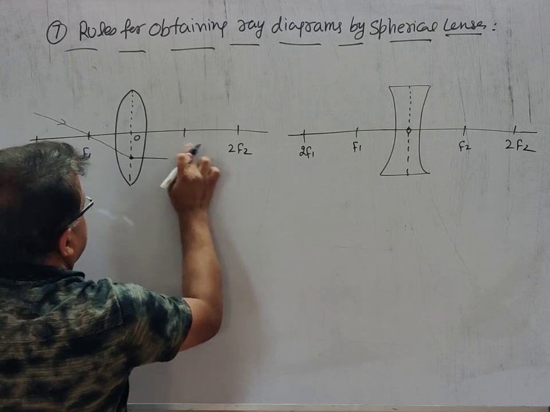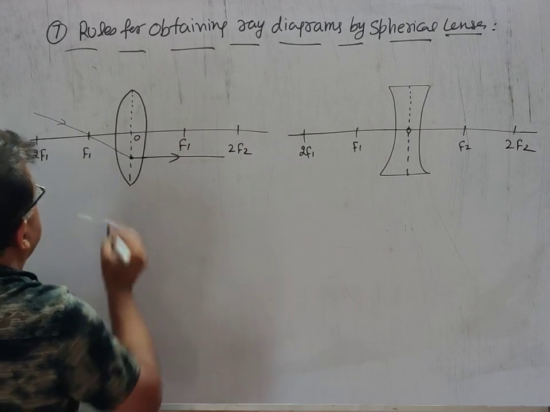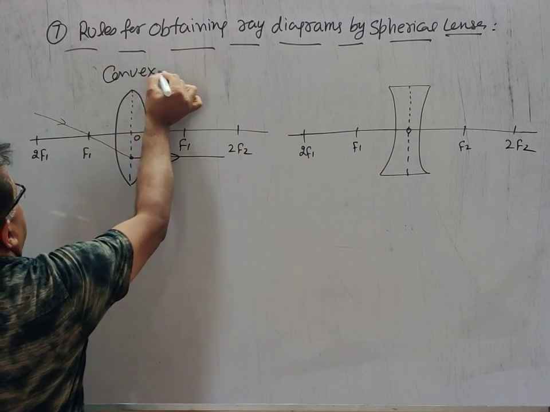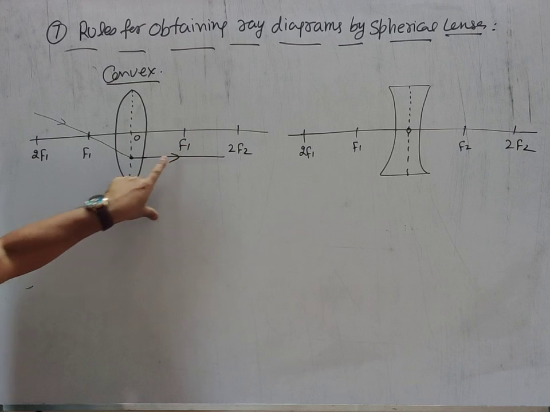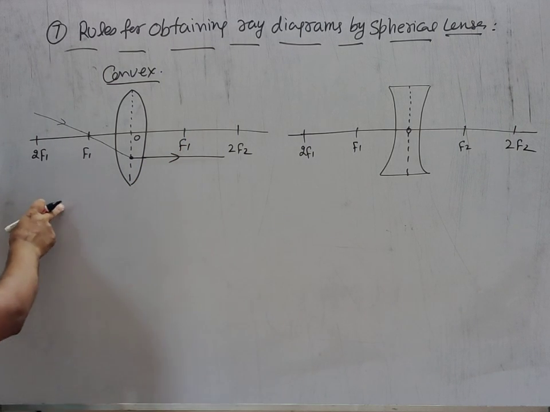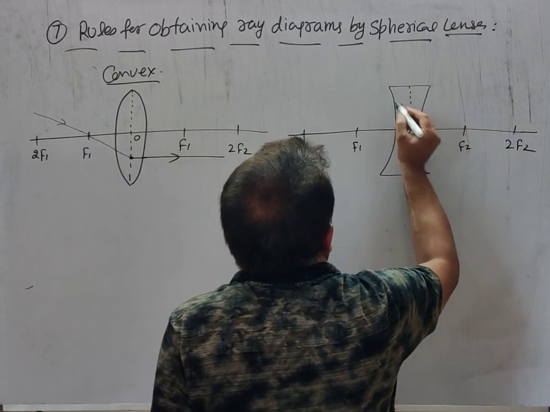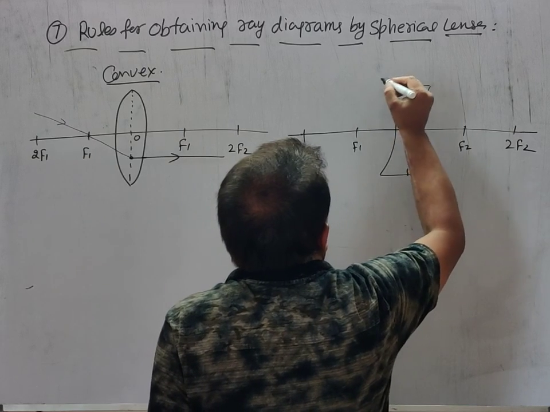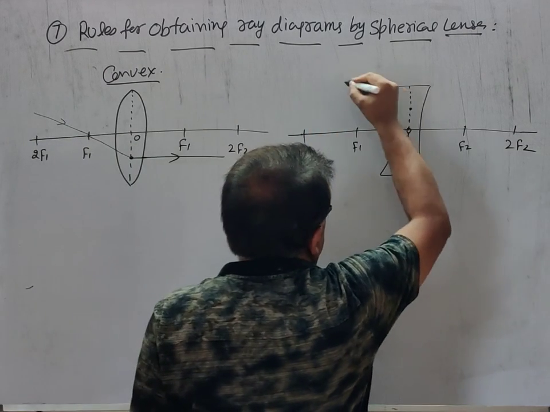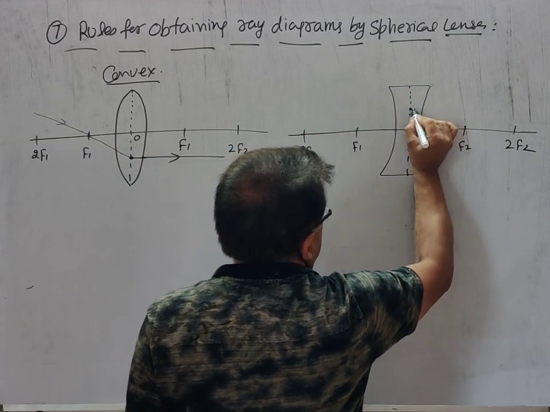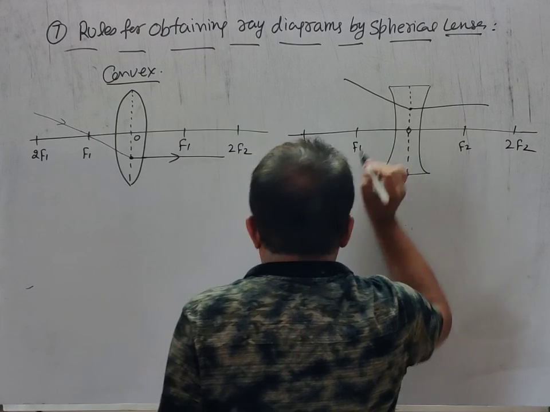In a convex lens, an incident ray passing through the principal focus will become parallel to the principal axis after refraction, and in this case it will appear that it is coming like this, and this will happen.